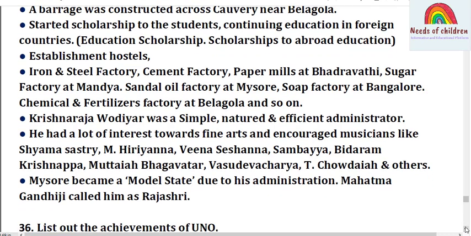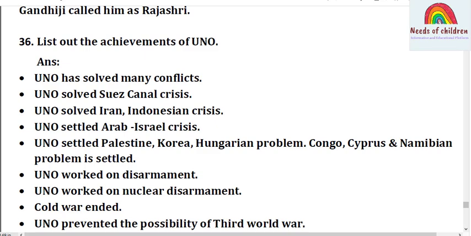Mysuru became a model state due to his administration. Mahatma Gandhiji called him Rajarshi. Here there will be 2 four-mark history questions. Among that, one, question 34, will be a choice question.